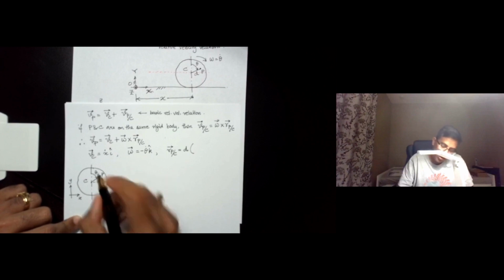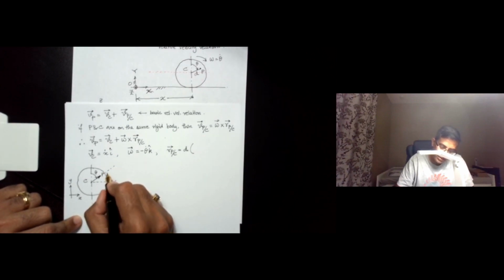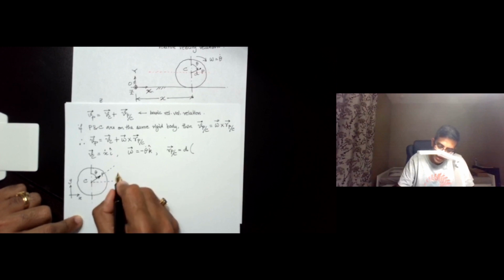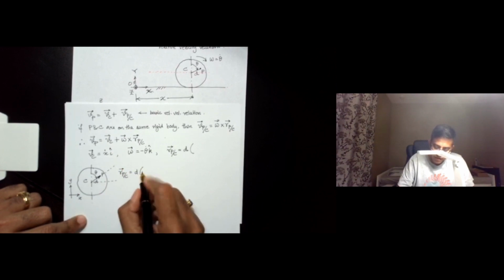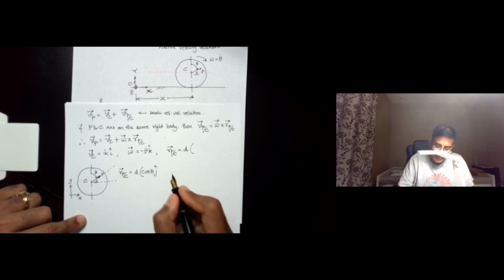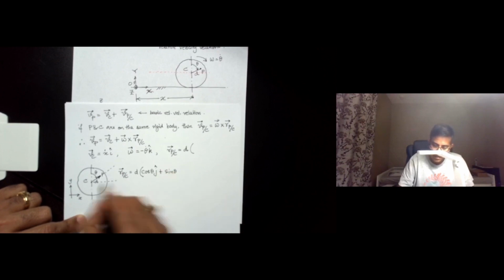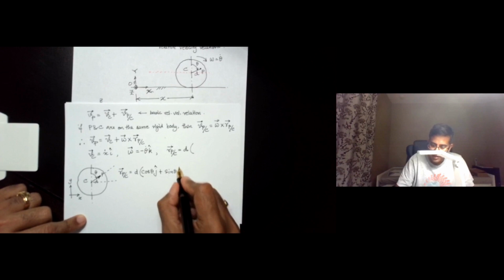If we draw a horizontal here and extend this line, we notice that Rp with respect to C is d times cosine theta in the j direction, plus d sine theta in the i direction.